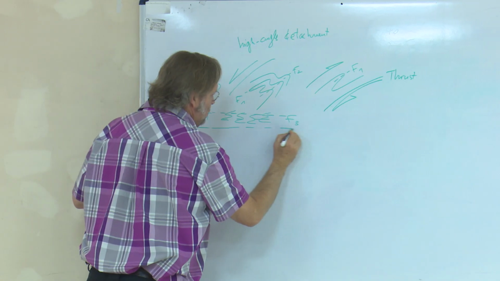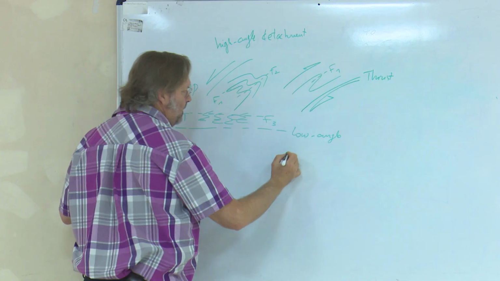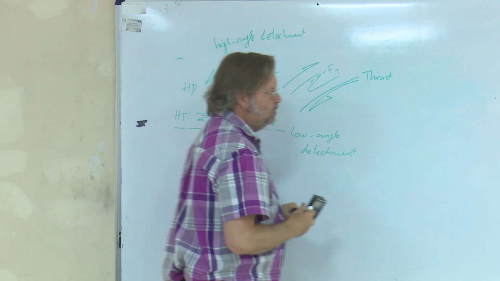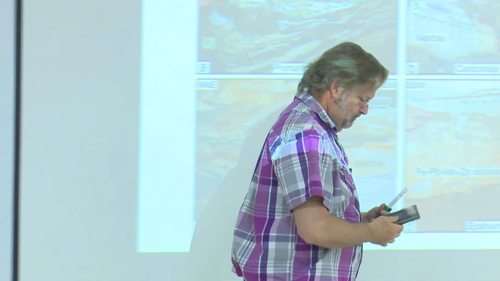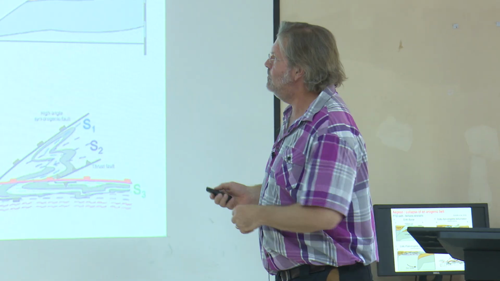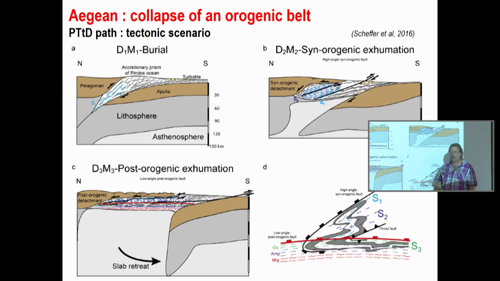And this is the last structure, which is low angle detachment. And this structure that most structural geologists and tectonicists would call an extensional structure is actually contributing to build the orogen, associated with exhumation of units that have been decoupled.